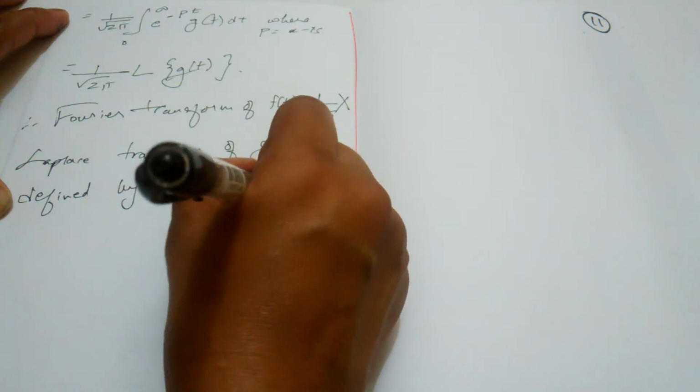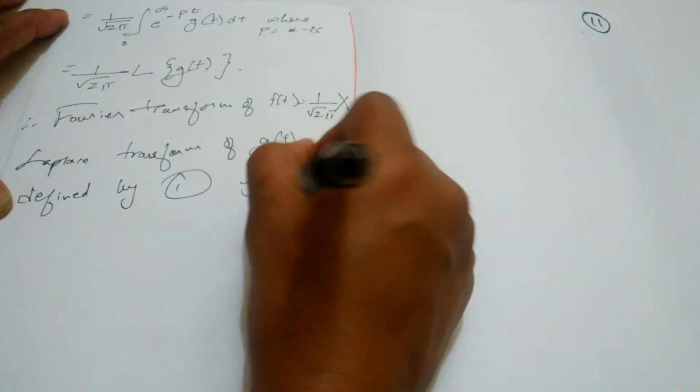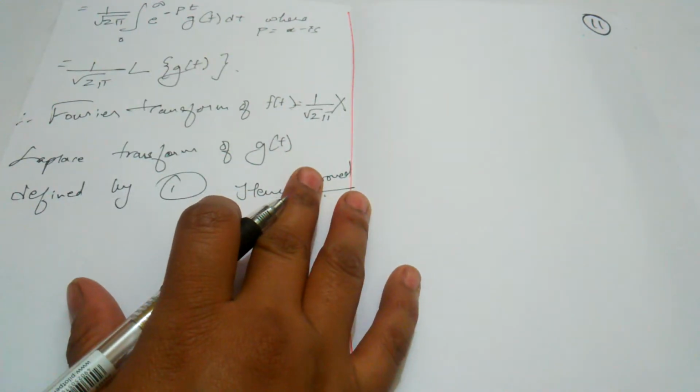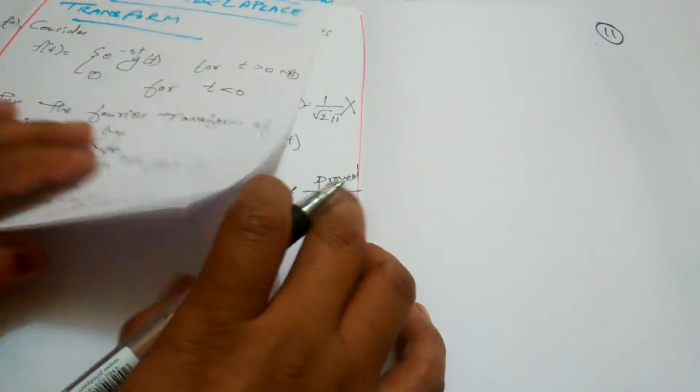So hence proved. What is that 1? That is equation 1, which we have written on this page.